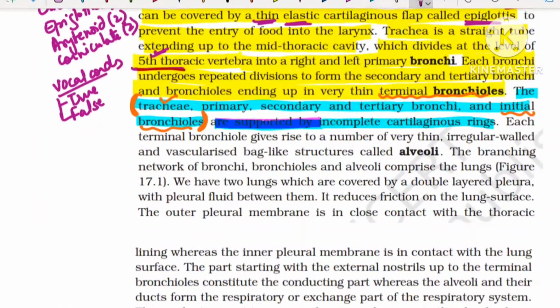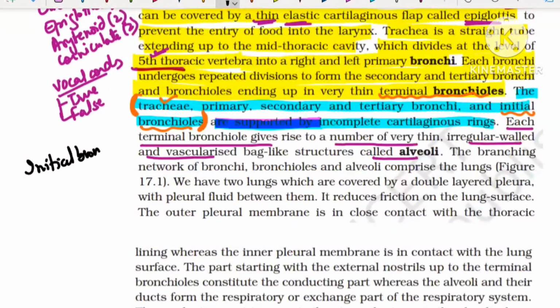And each terminal bronchiole, see the line carefully, each terminal bronchiole gives rise to a number of thin, irregular-walled and vascular bags, that are known as alveoli. So you should know which bronchiole is first. Clear, beta? So first will come the initial bronchiole. Here only the students get confused, so I'm again writing it. Initial bronchiole, then will come terminal bronchiole.